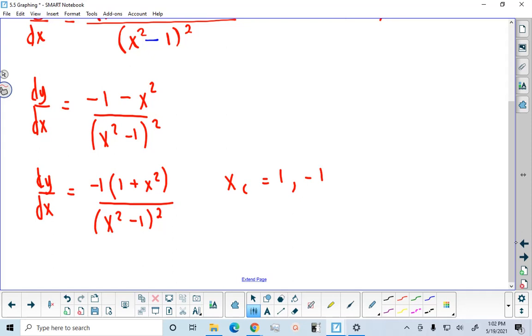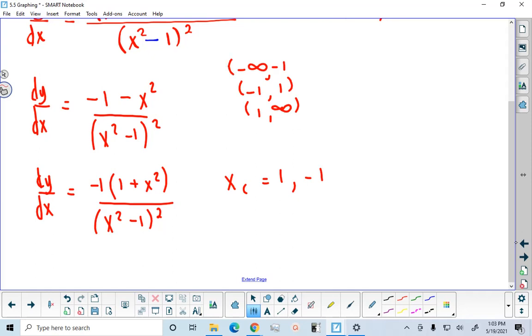But the chart that we're going to do is not going to reveal max-mins to us. It's simply going to reveal whether the function is going up or down in the particular intervals. So we're going to construct that table by having negative infinity to negative 1, negative 1 to 1, 1 to infinity.